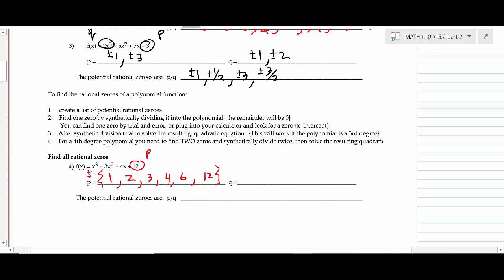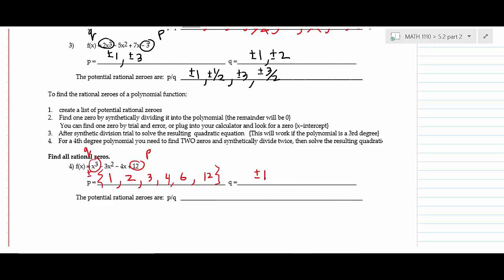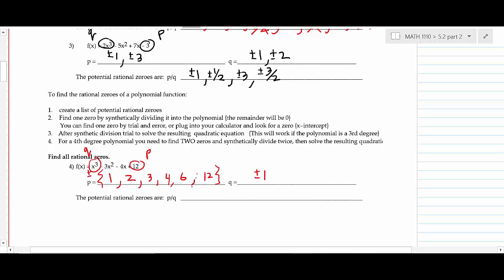And then Q is going to be all of the factors of 1, so that's just plus minus 1. So when you do P over Q, what are you going to get? Just this thing, right? Because you're doing 1 over 1, 2 over 1, 3 over 1, 4 over 1, 6 over 1, 12 over 1. So that means that your P over Q list is just going to be plus or minus 1, 2, 3, 4, 6, 12, like that.